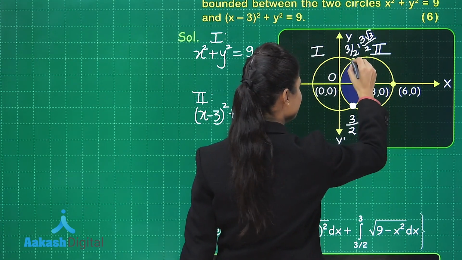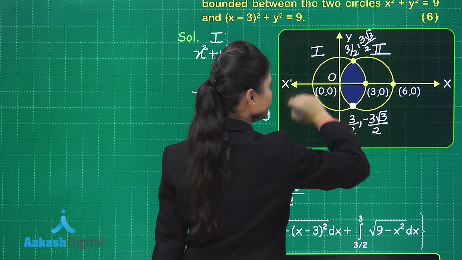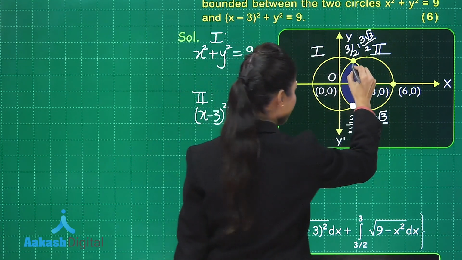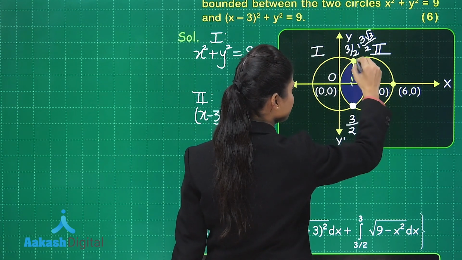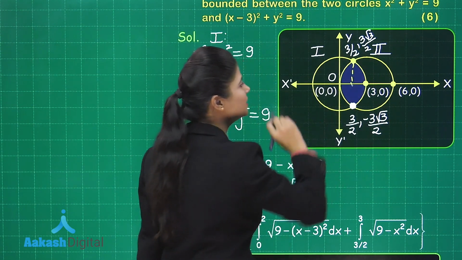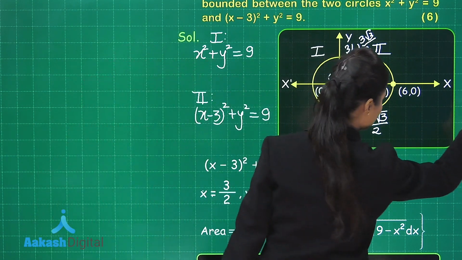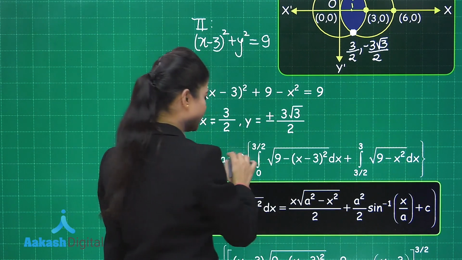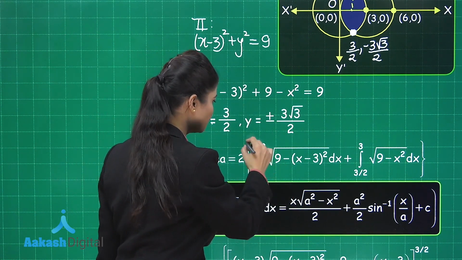This is the point of intersection at 3 by 2. So I can take the limit from 0 to 3 by 2 for this second one, and at this point you can see we get the first circle having the limit from 3 by 2 to 3. Taking that into account, I will obtain the required area, that is twice the area of the upper part, with the limit from 0 to 3 by 2.